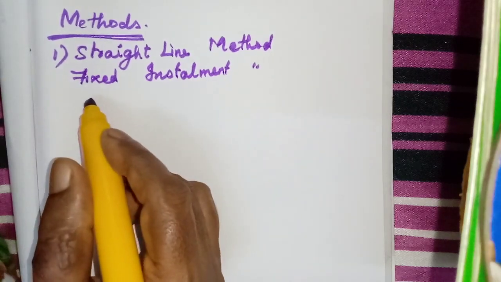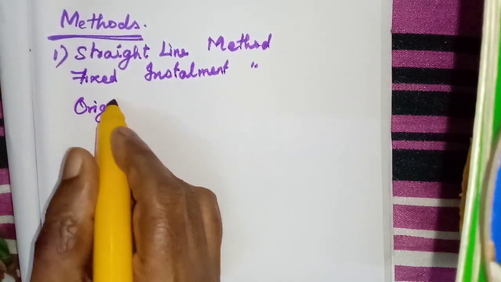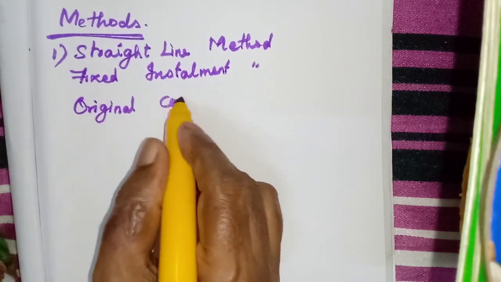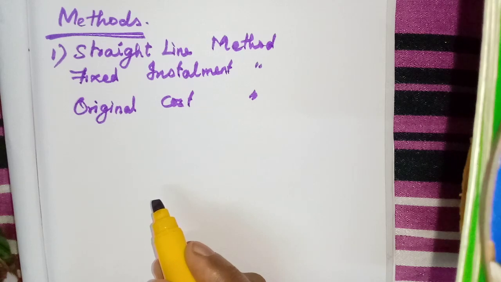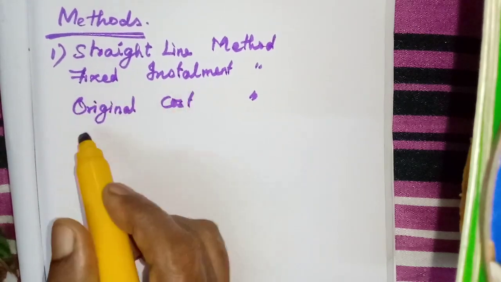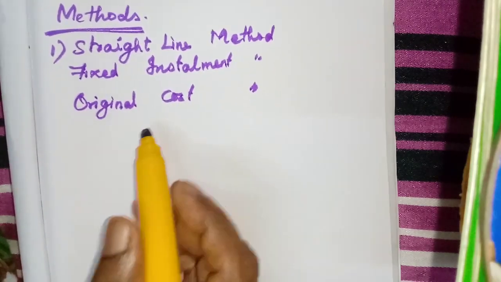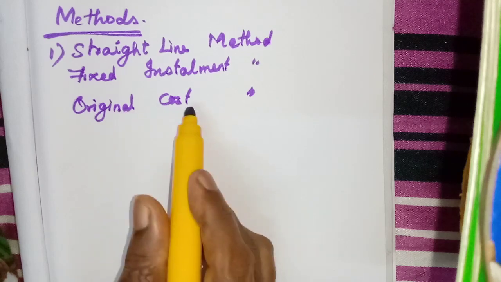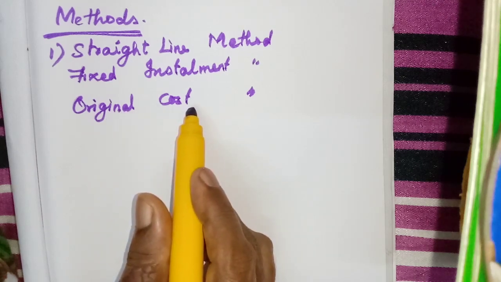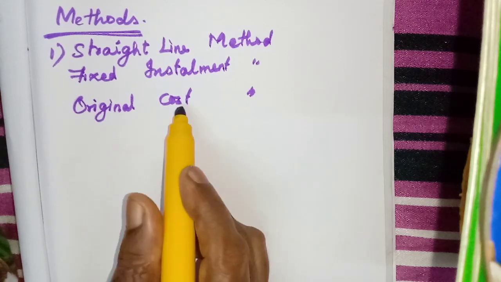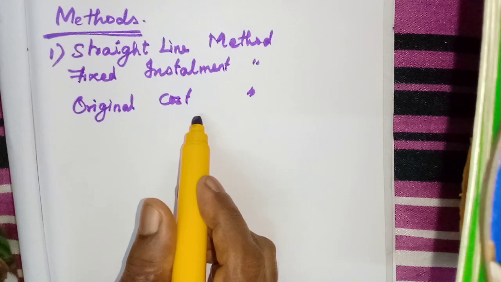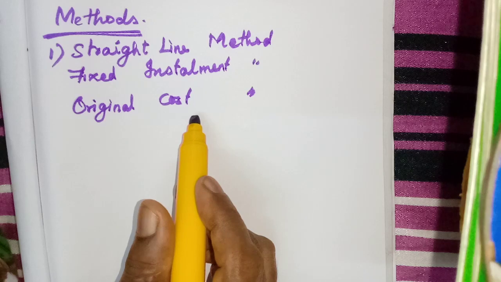Then the original cost method. Why is this method given these 3 names? Straight line method, that means fixed installment, original cost method. Here they will consider only the original cost, and the residual value will be reduced, and that cost will be divided by the number of years, that means the useful life of the asset.